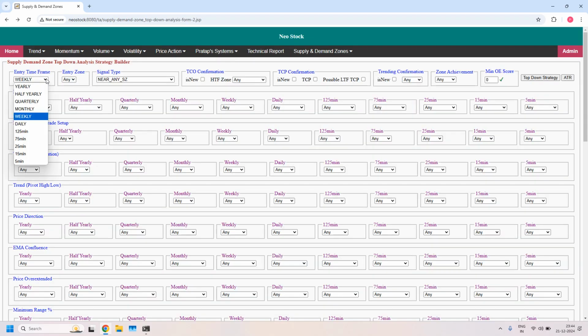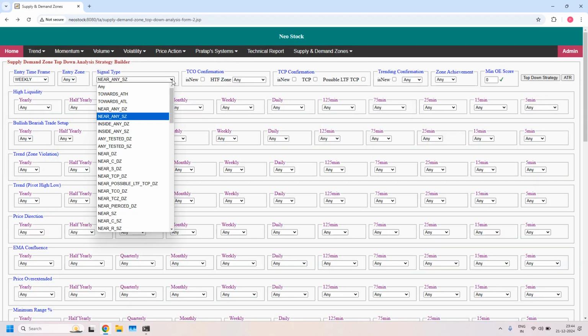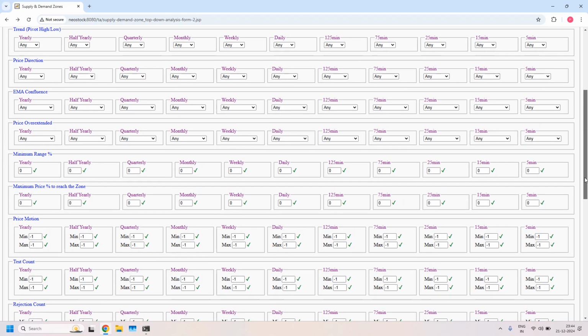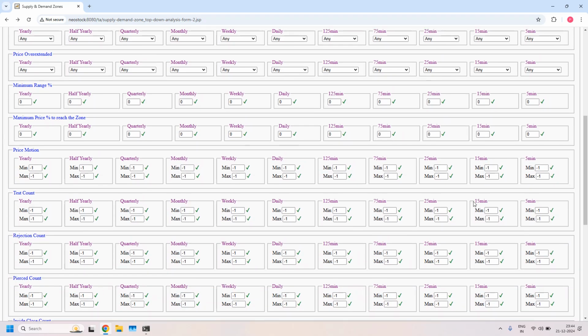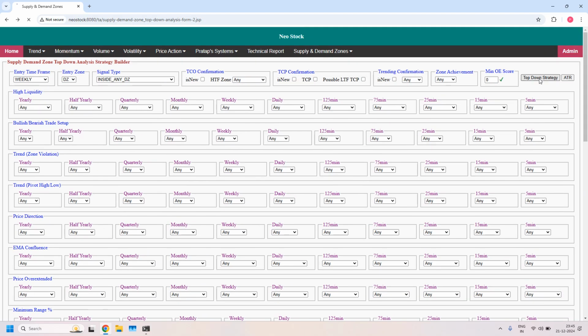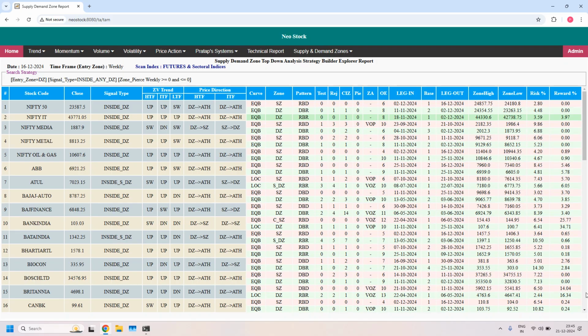Next, weekly time frame, price closed inside the weekly demand zone, and these weekly demand zones should not be pierced. So I am setting minimum value 0, maximum value 0 in the pierced count. Let me filter. We got a big list.